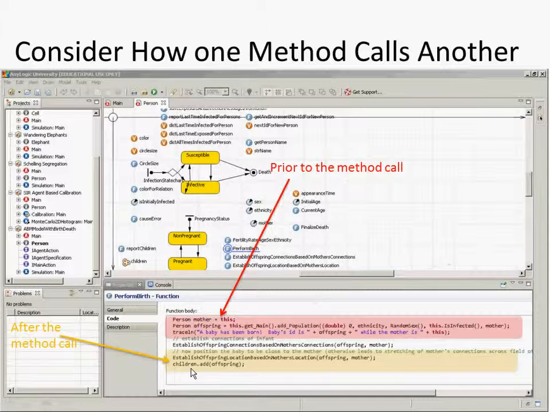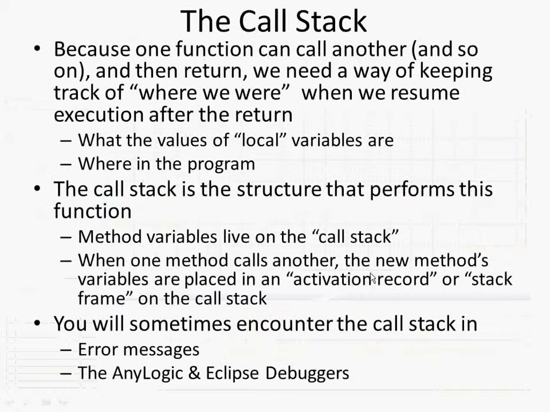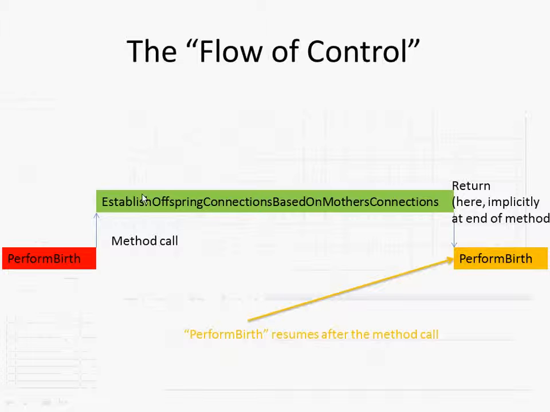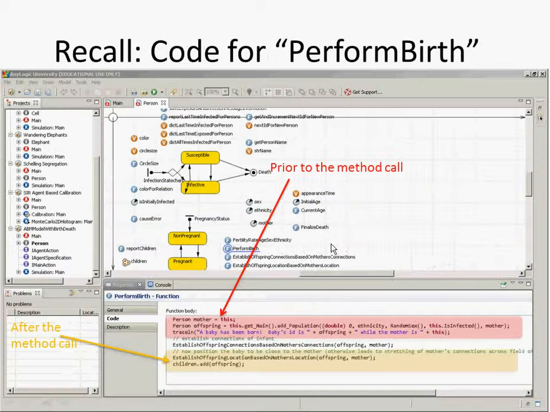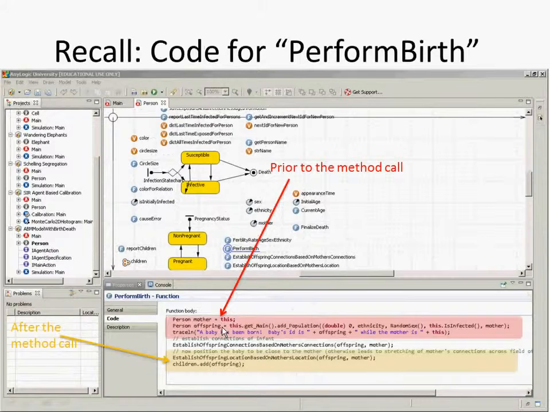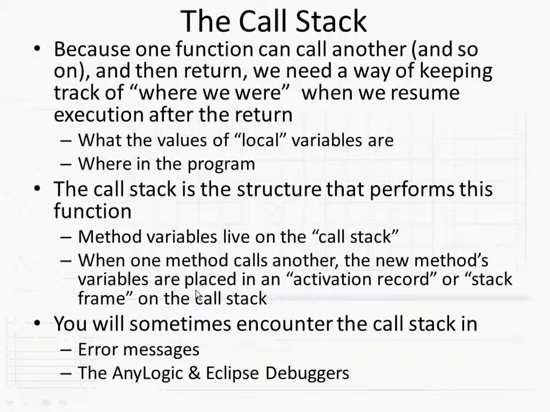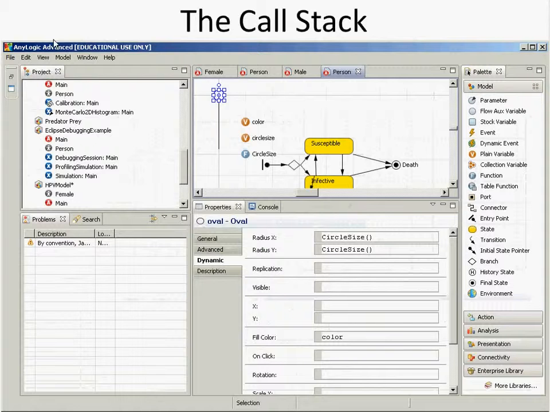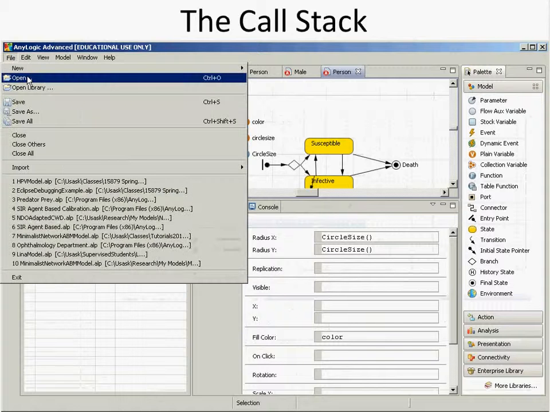How is this working? And in fact, if we were to go look at establish offspring connections based on mother's connections, what we'll actually see is, and darn it, I thought I had it right here. Let me actually just open it a second, because I would like to show it to you here.